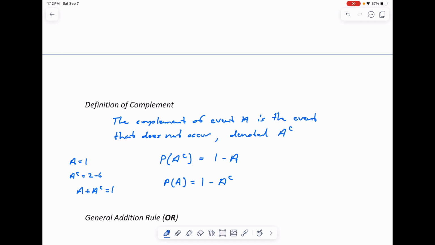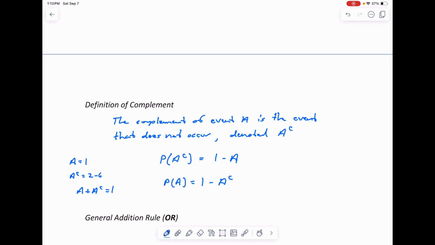Where this is very, very helpful is in an OR situation, kind of like I just described with the dice. If I wanted to find the probability of getting a 2 or higher, I could find the probability of getting a 2, a 3, a 4, a 5, and a 6, and add them all together. That's not real difficult with a small event size like that.